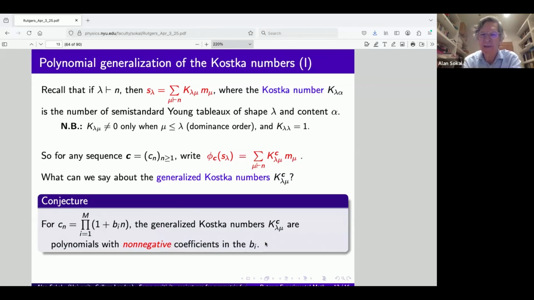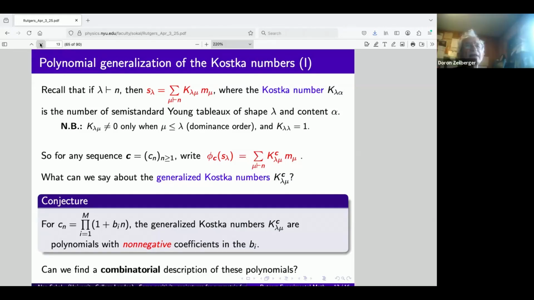And so I would just say that even irrespective of this application, these generalized Kostka numbers strike me as a very natural polynomial generalization of the Kostka numbers, much simpler than the q,t generalizations that other people have studied. So I think they're an interesting thing to study in algebraic combinatorics.